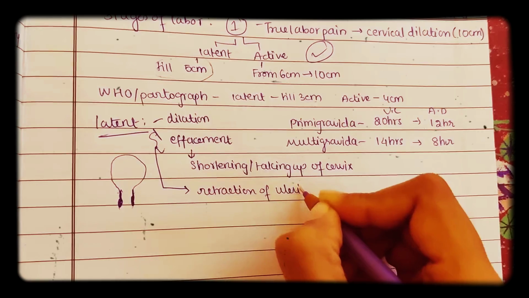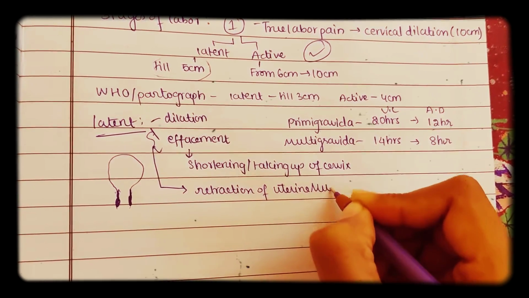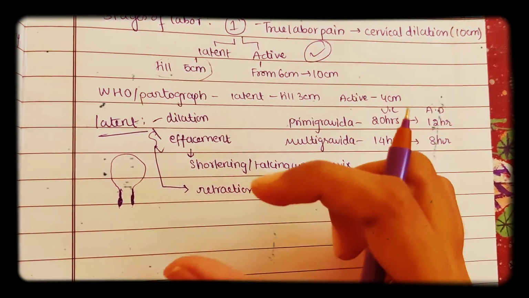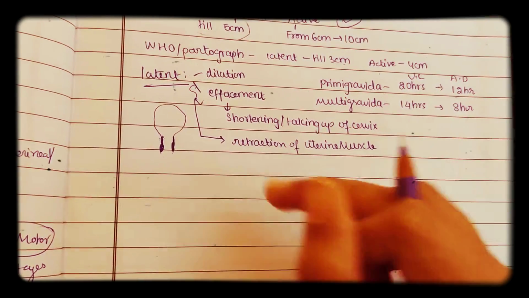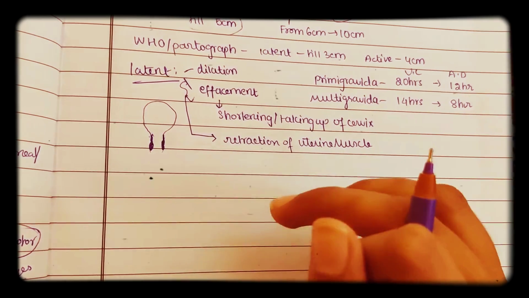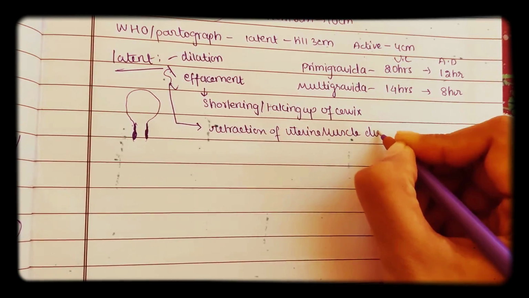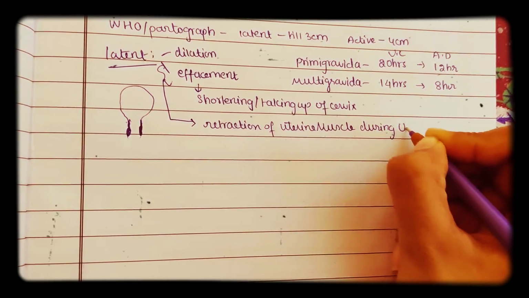You know about retraction, we discussed just now that because the cervix is dilating, the muscle fibers are getting shorter, and that is retraction of uterine muscles, especially during uterine contractions.